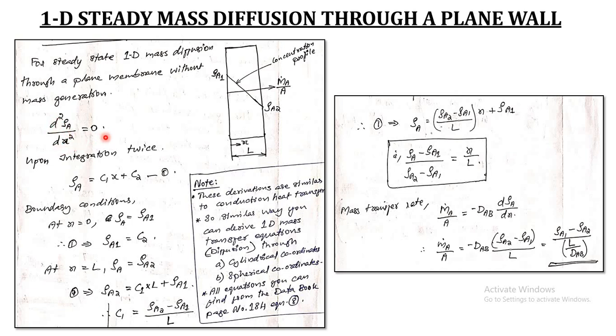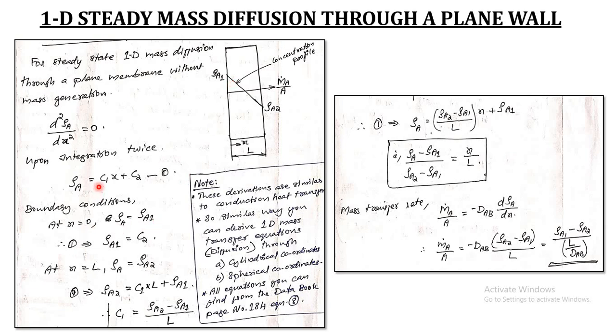So to get the mass concentration ρA, integrate this equation twice and apply the boundary conditions. Upon integrating twice, you will get ρA equal to C1 x plus C2. This is equation 1. Now apply the boundary conditions. First boundary condition: at x equal to 0, that is this wall, the mass concentration ρA is equal to ρA1.